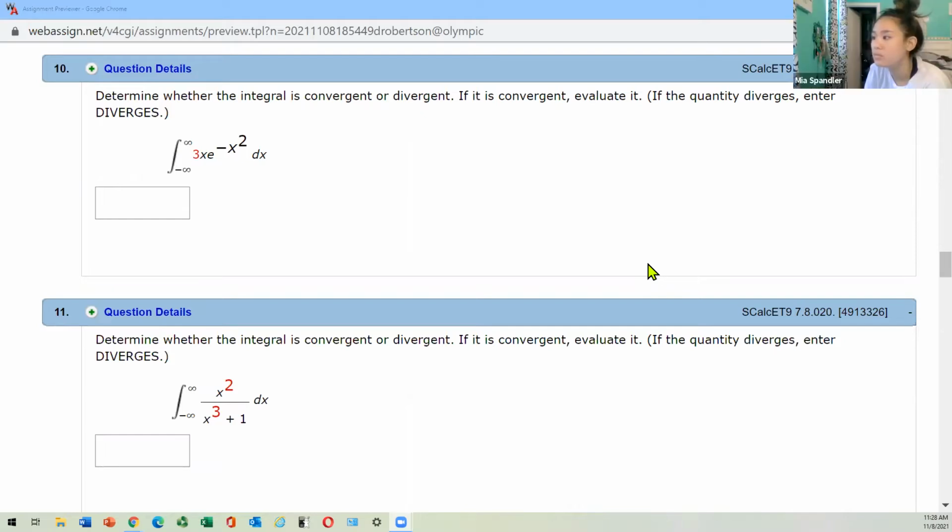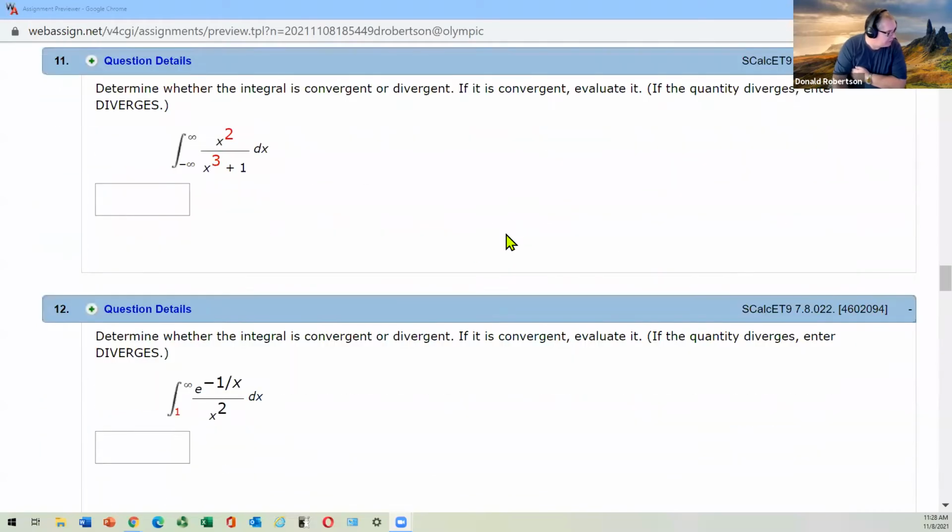U-sub. Once we finish these, that's the one I'm going to do next, because it has something else in it. Do you notice that that particular question has a negative infinity and a plus infinity, right? That's like the ultimate version of a type 1, but we'll return to that later.